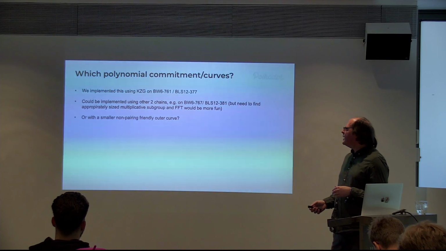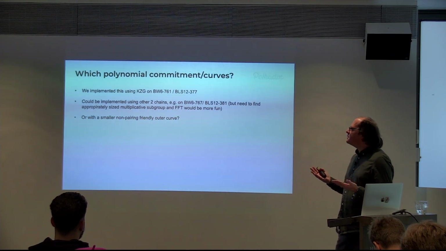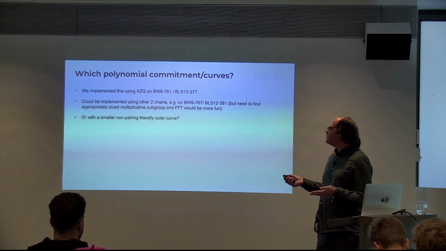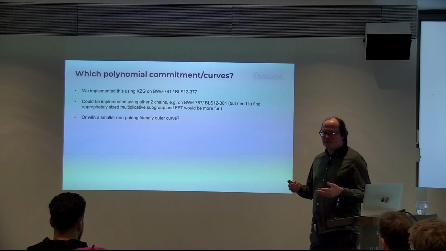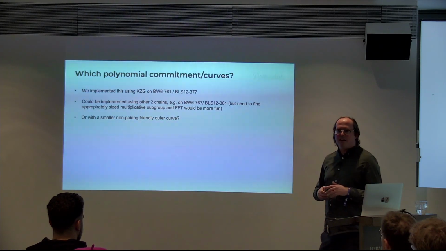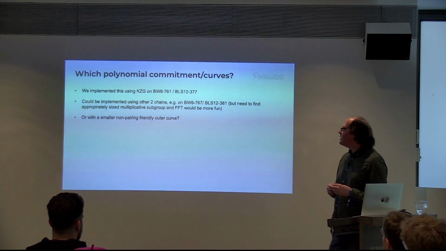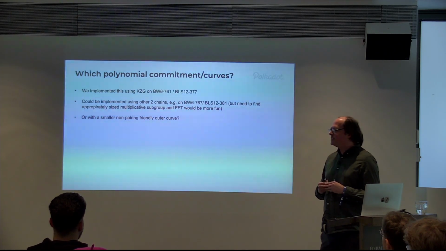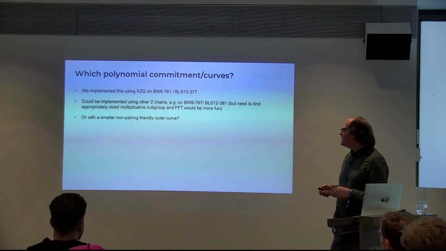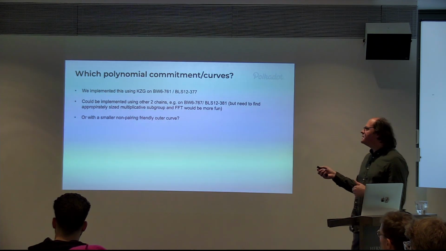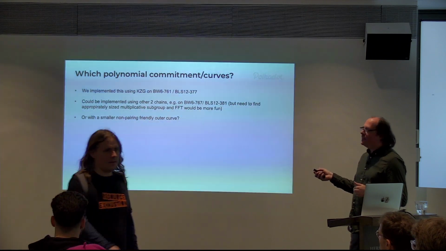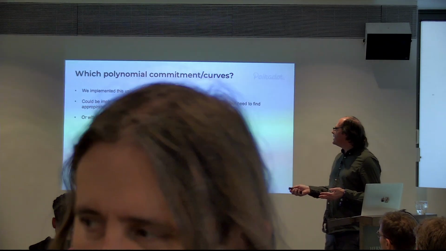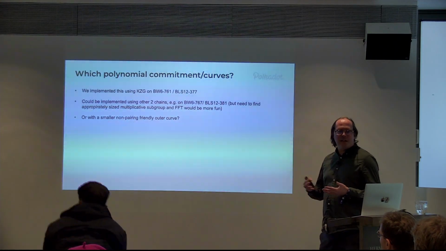Which polynomial commitment and which curves do you use? We have an implementation on BW6-761 and BLS12-377, which is the same thing that Celo is using in their Plumo protocol. But there's a whole load of other ways you could implement this. The construction is generic. They pointed out in an ethresear.ch post that it would completely work with BLS12-381.